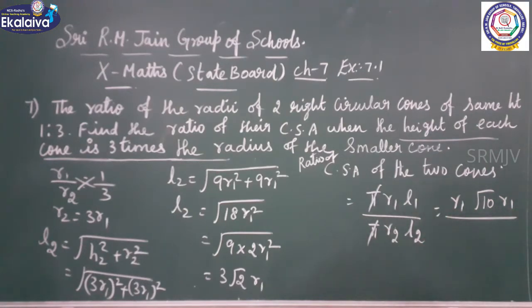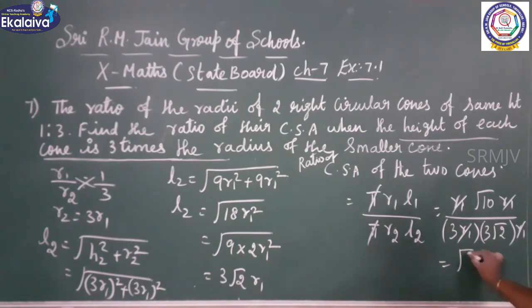R2 is nothing but 3R1, into L2. L2 is 3 root 2 R1. R1 cancels. So root 10 you can make into root 5 into root 2, by 3 into root 2. Root 2 gets cancelled.